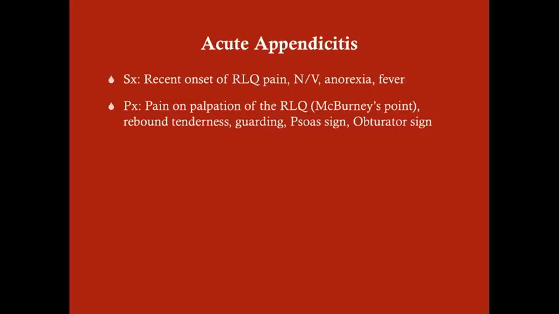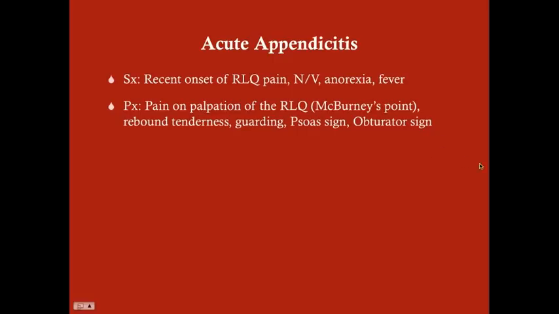Early on in appendicitis, you're going to have onset of right lower quadrant pain, and that pain is going to lead, in most cases, to nausea and vomiting. Pain often just causes nausea and vomiting in general. That's not really specific to appendicitis, but what is important to know is that with appendicitis and some other entities, the nausea and vomiting follows the right lower quadrant pain.